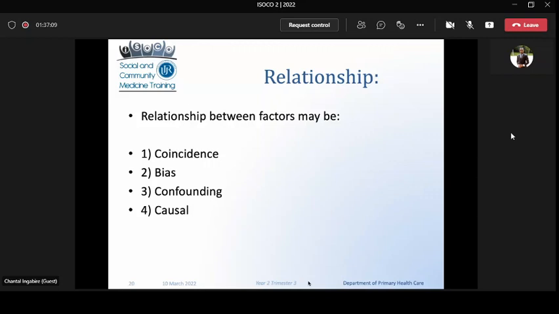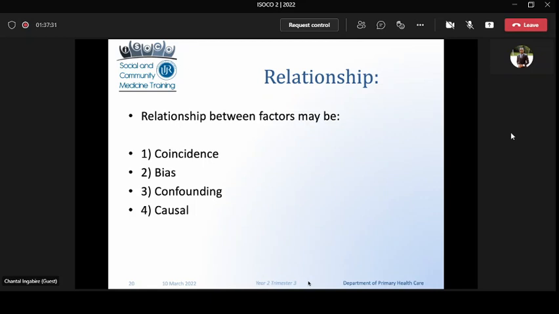So when you talk about coincidence, it's just happening by chance. When you're talking about bias, there are so many types of bias, but it's just a false correlation. There is no relationship between the two.